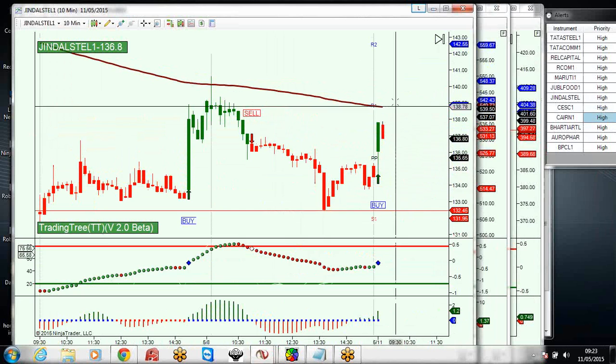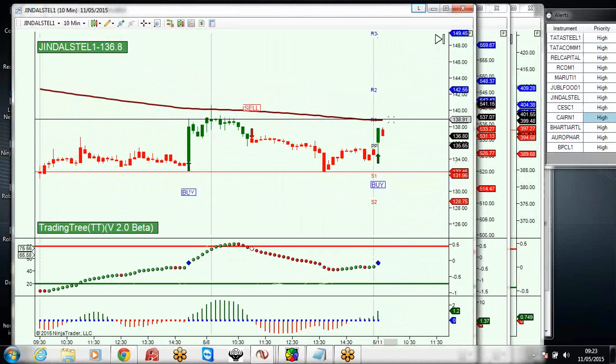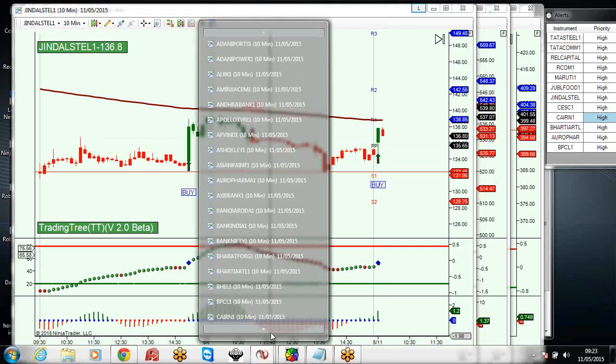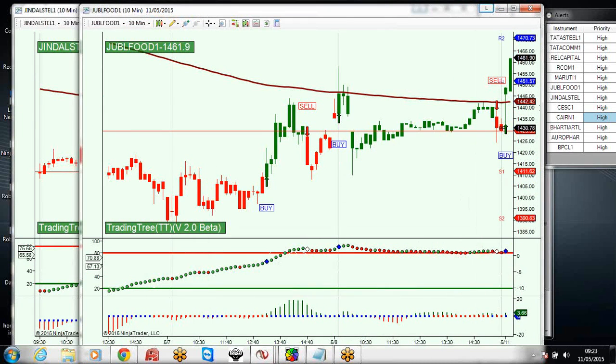Jindal Steel we will avoid till it crosses this brown line, because that acts as a very strong support and resistance. Jubilant Food you can buy.